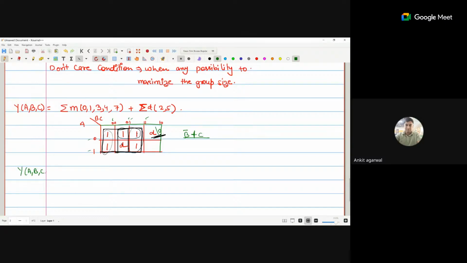Y of A, B, C, D equals sigma M 0, 1, 2, 5, 7, 8, 11, 12, 15, plus sigma D 4, 9.